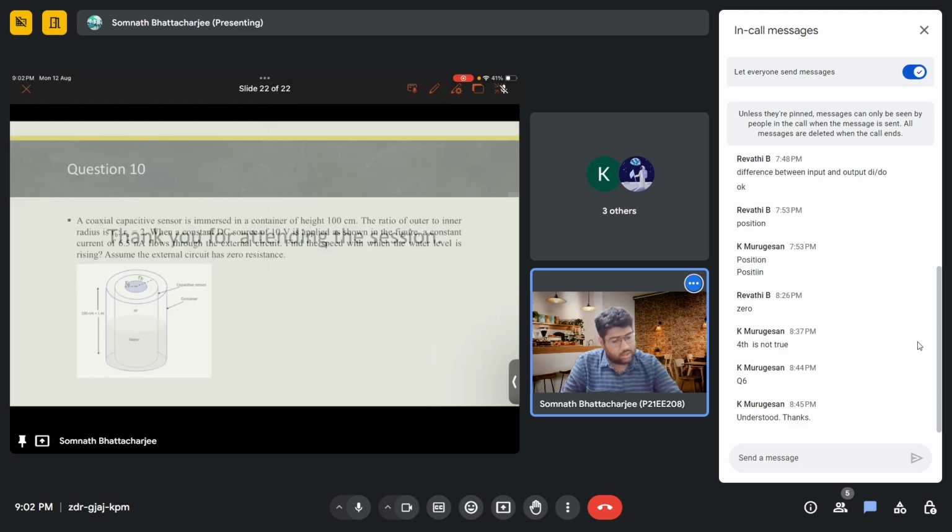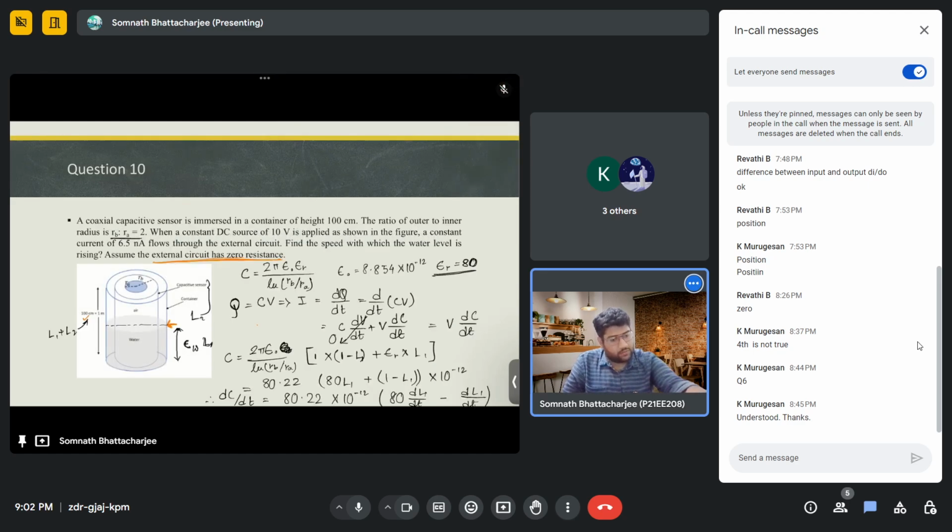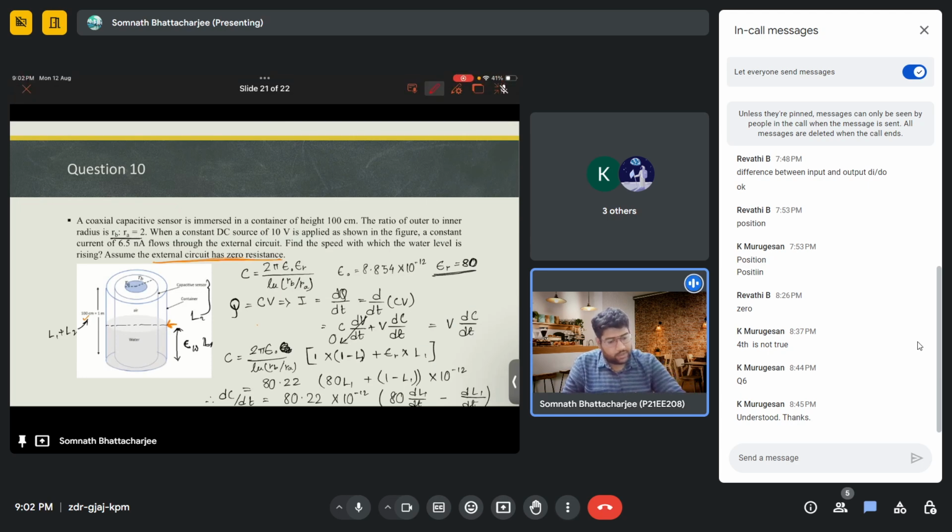Just wait a second. So here we knew the value of this, right? From here we already know that, right? So Q is V into dc by dt, right?